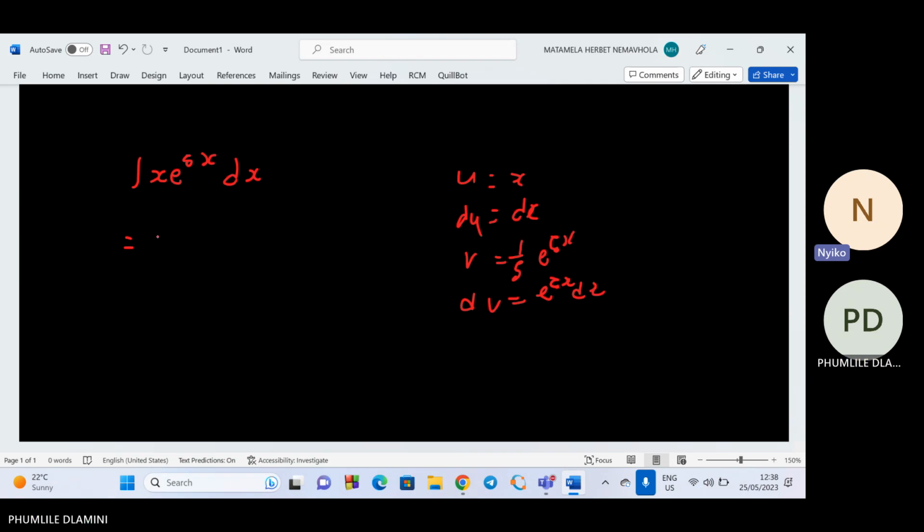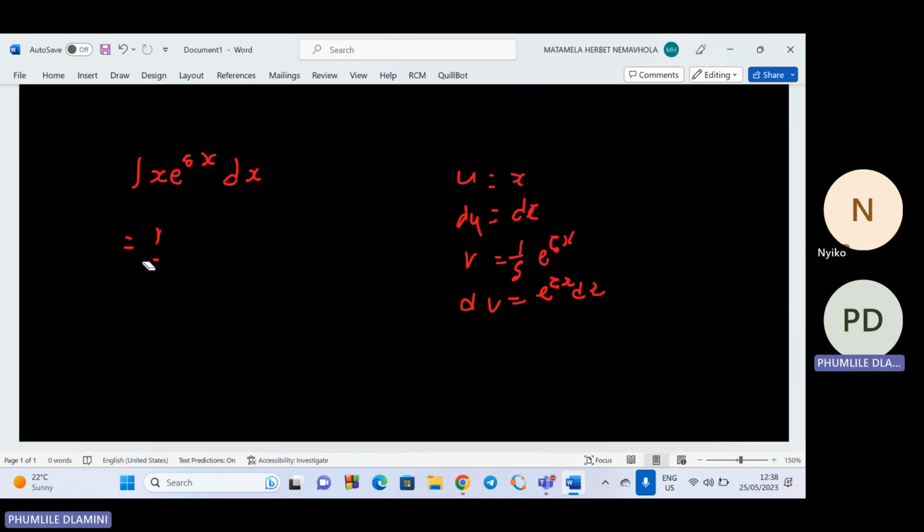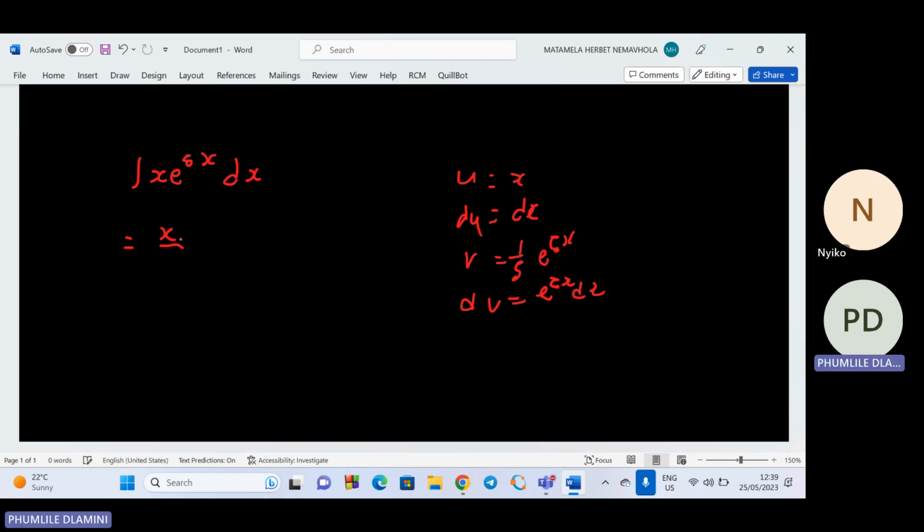The answer, uv, is x e to the power 5x over 5, minus the integral of v du, where we can put 1 over 5 outside: e to the power 5x dx.